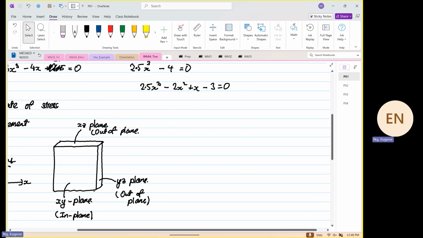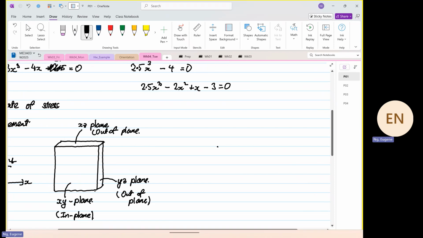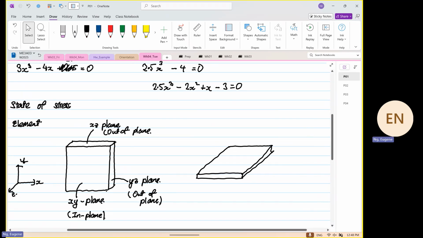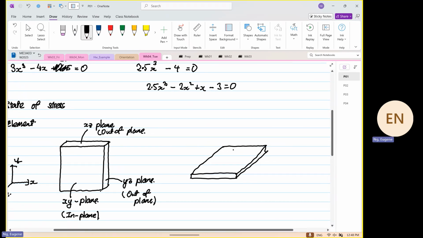So if we were to draw this in a different orientation now, so if you look over here, the transformation we use is still the same. This is known as our XZ plane.